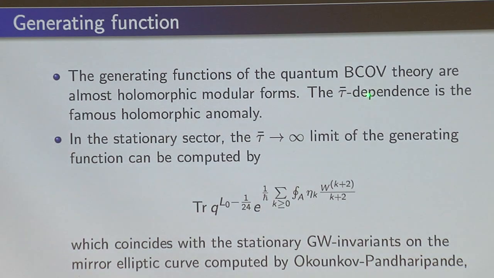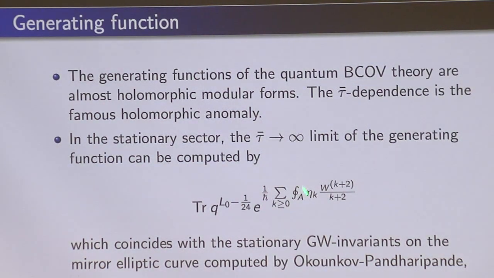And this dependence on tau-bar is the famous holomorphic anomaly. And it actually can compute something rather explicit in the stationary sector. As tau-bar goes to infinity, the generating function is given by a character on this Heisenberg vertex algebra of the following form.